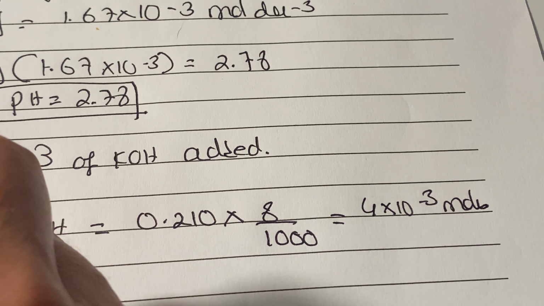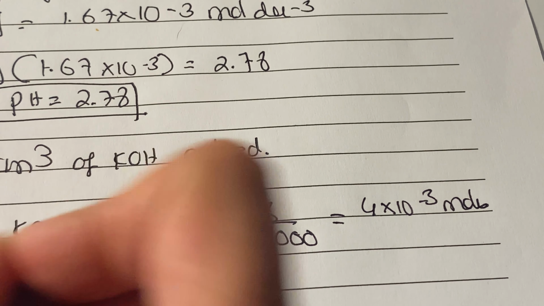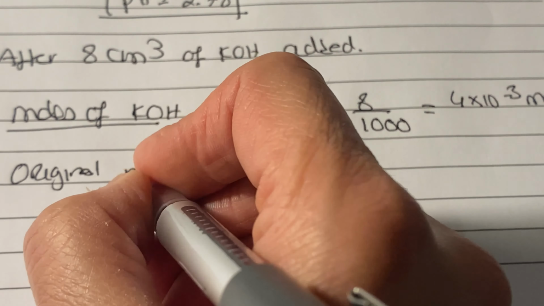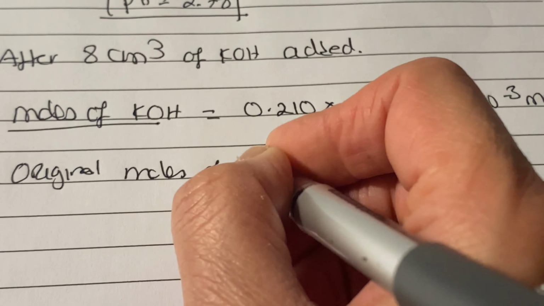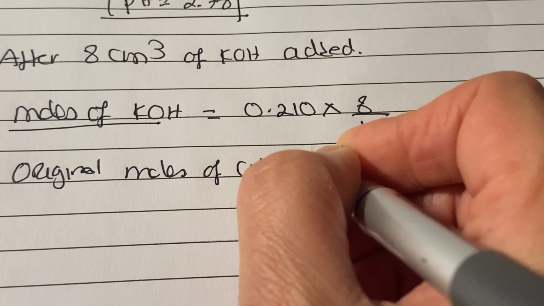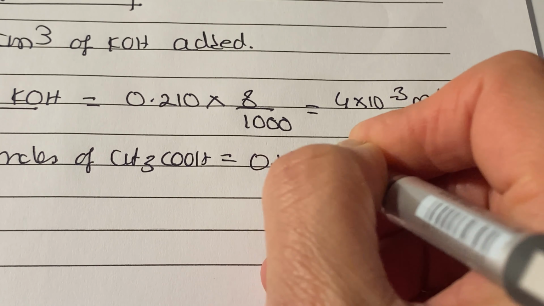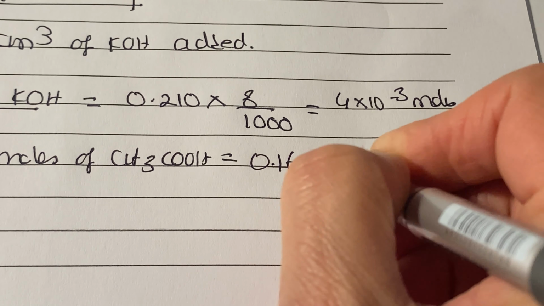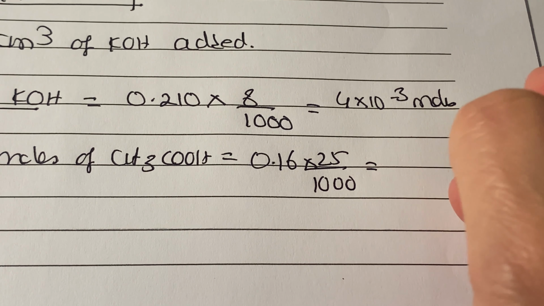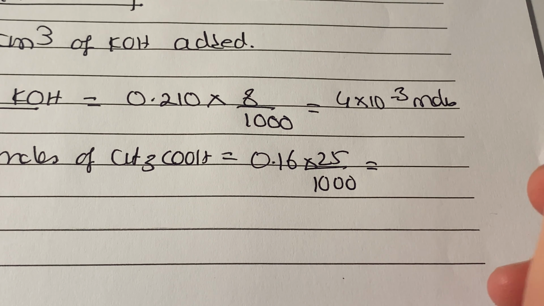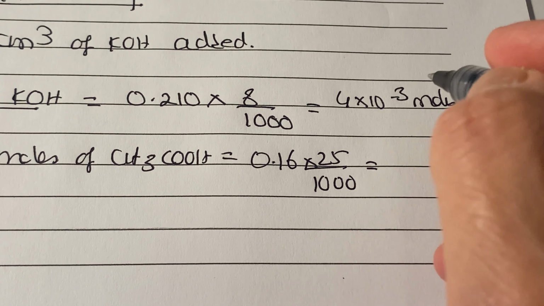Now the original moles of acid is going to equal 0.16 times 25 divided by 1000, which equals... no, that's incorrect.